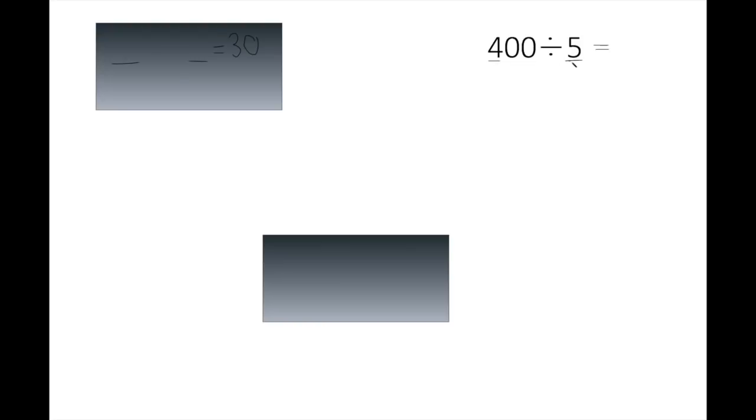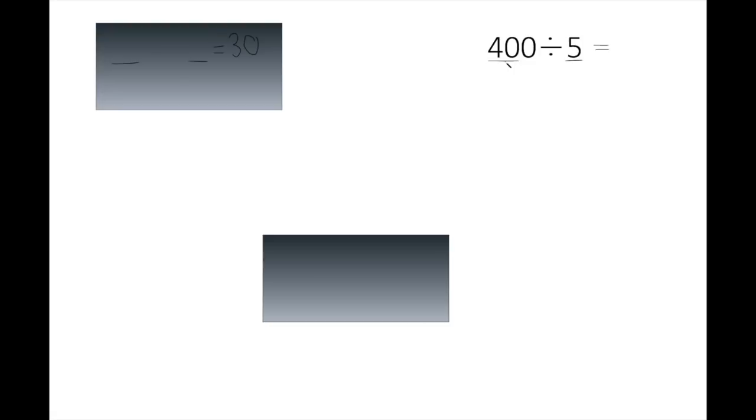And does 5 times anything equal 4? No, that's not possible because 4 is less than 5. So that means that we would have to include one more digit in this problem. So now what we're really looking at is 5 times what equals 40. That makes more sense than 5 times what equals 4.